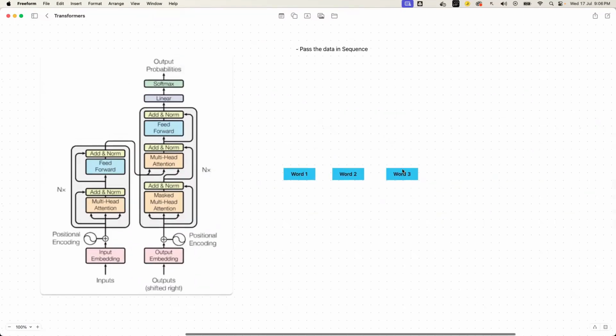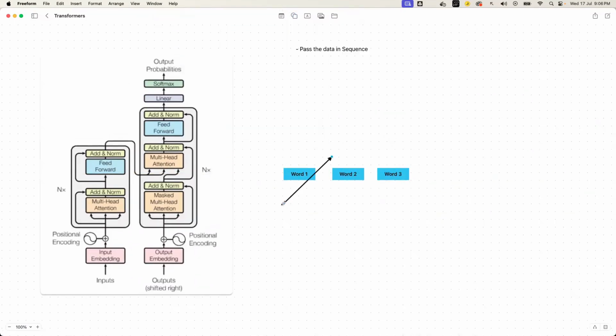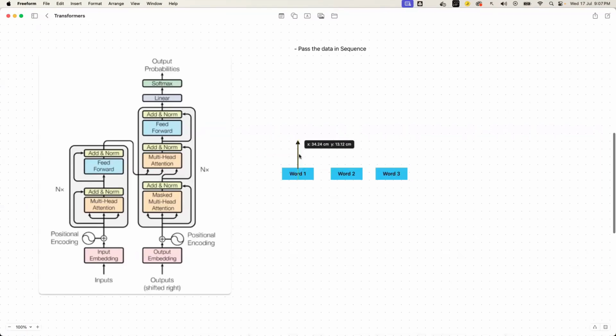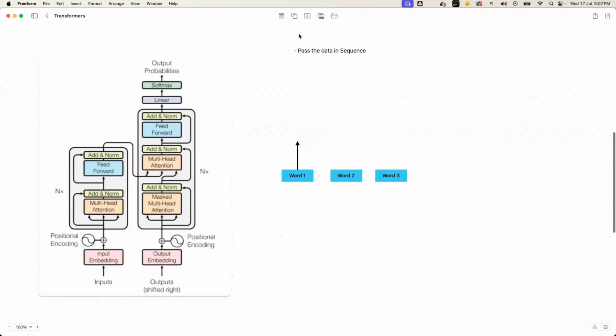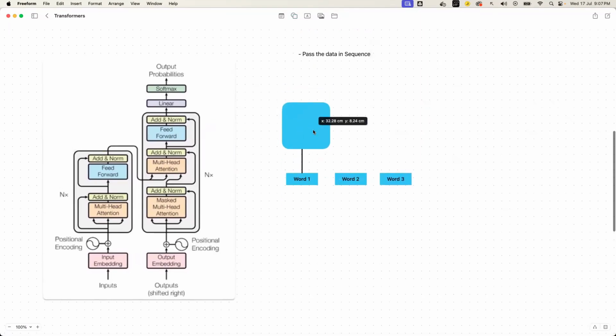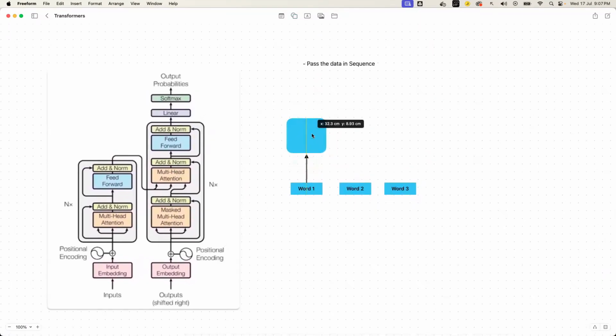Now, the way this was processing is all these individual words were being sent as an input to our sequence model. It can be RNN or LSTM, because that's the model that we have learned that can process the data in a sequence. For illustration purposes, I'll call this model an LSTM.